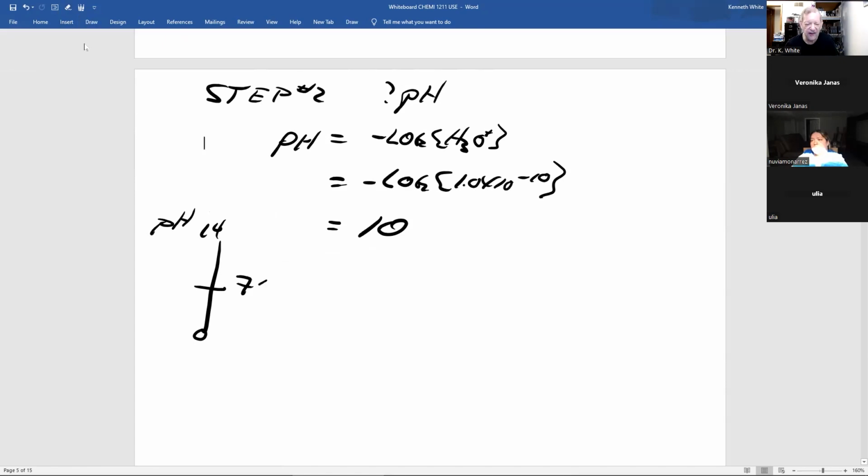When pH is 7, that's a neutral pH solution. When it's above 7, it's basic. When it's below 7, it's acidic. And if you notice, 10, I hope you all figure, is above 7. Therefore, this is a basic solution.